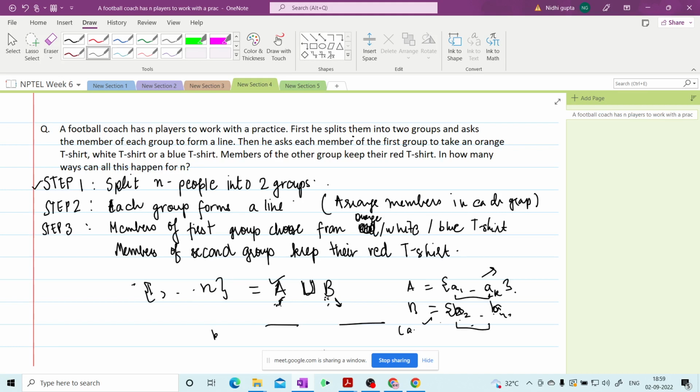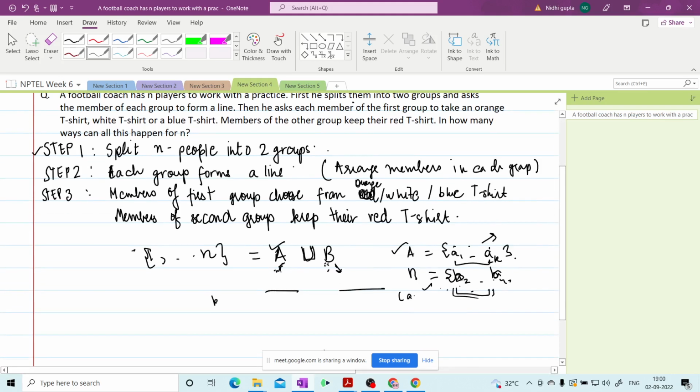And the third step is that if A is my first group, then each member has to choose a color of t-shirt, which is orange, white or blue. So each member has 3 choices here, and members of the second group keep their red t-shirt, so they have no choices.